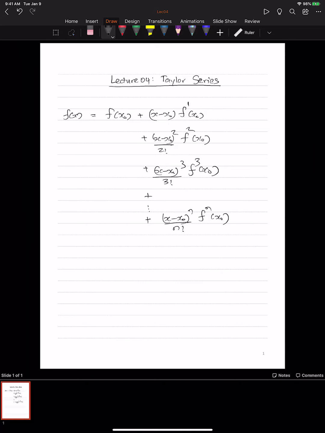And so this is an infinite series, it goes on. So the nth term is (x minus x0) to the power n divided by n factorial times the nth derivative at x0.